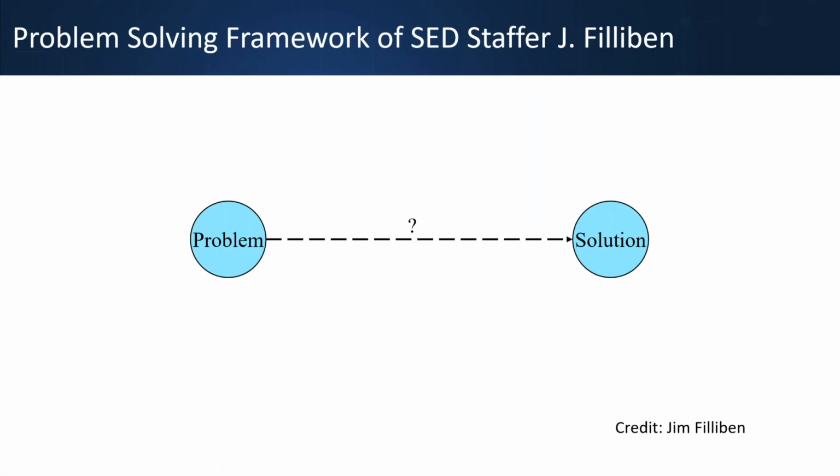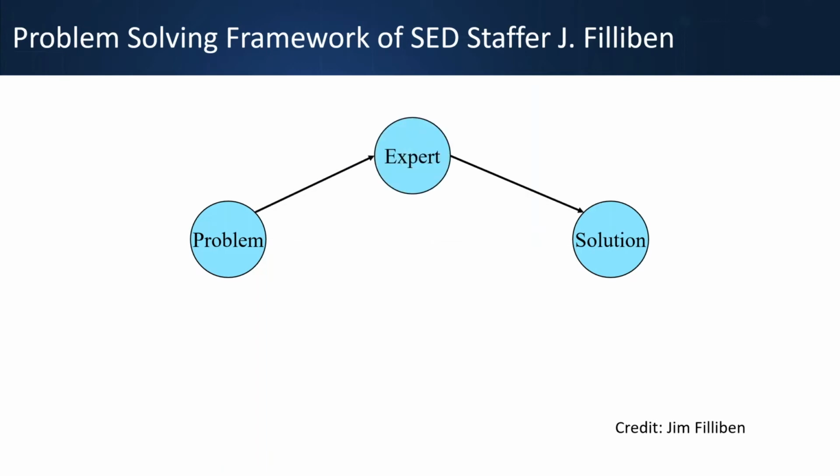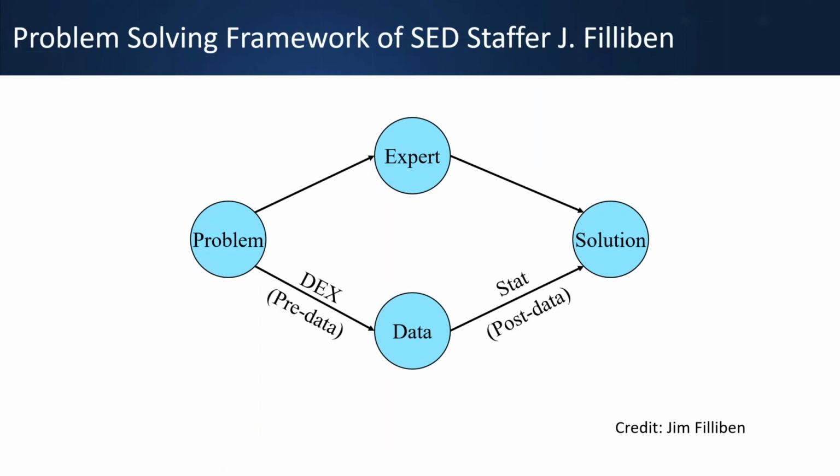So many times he likes to describe how expert solutions are relied upon. If you want to move one step forward, please, Dennis. Yes. So there's a problem defined, you turn to an expert, that expert gives you an opinion, and you move on to a solution. But of course, as statisticians, we really like the data-driven approach. And so this is the alternative path.